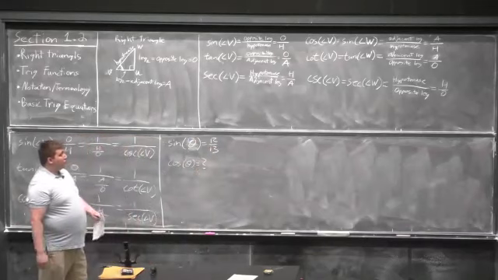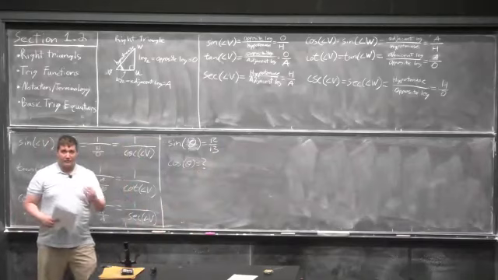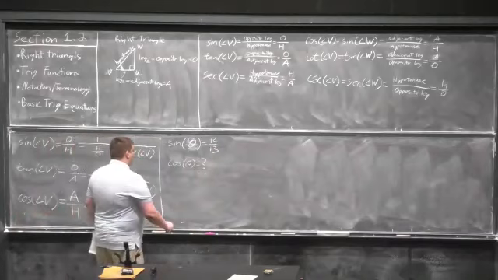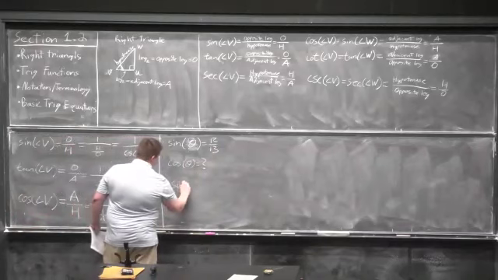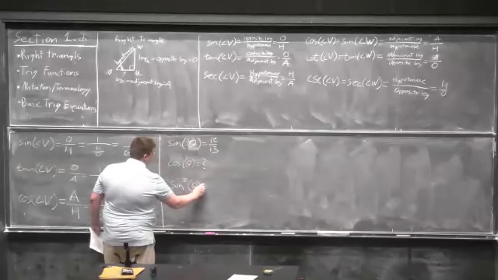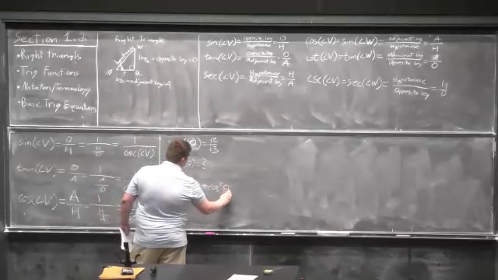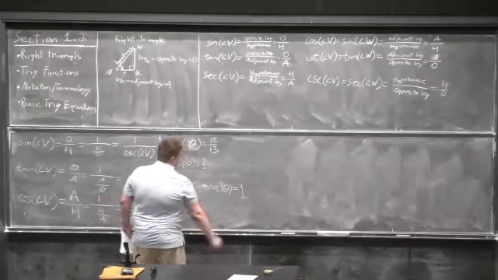Okay, so I have to first think of what is an equation that relates these two. Well, I have sine squared theta plus cosine squared theta is equal to 1.